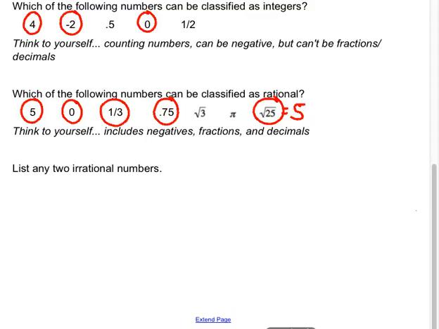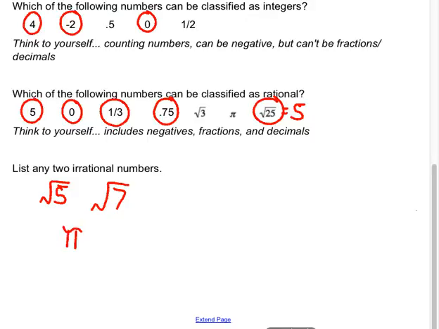And of course, irrational numbers, well, I just kind of touched on that. This idea that most square roots would qualify, right? As long as the square root is not a perfect square, as long as it would not simplify nicely, it's going to be irrational. Or the other, always biggest example is going to be pi.